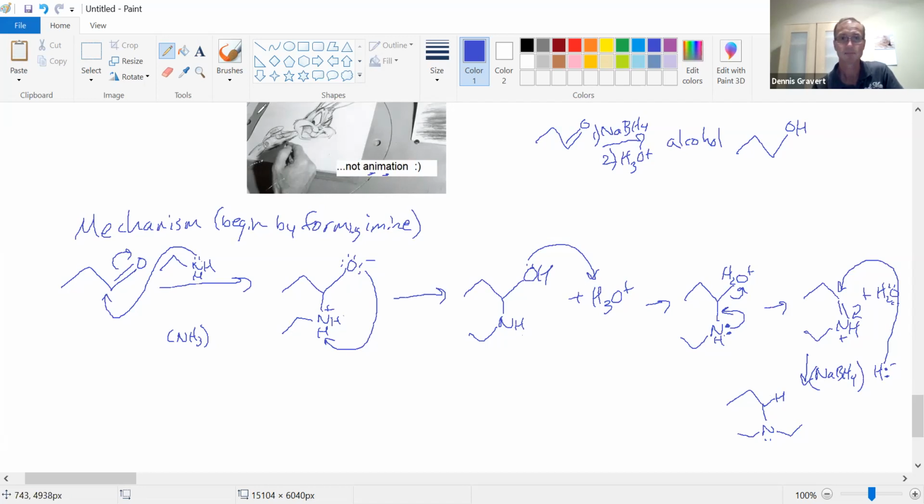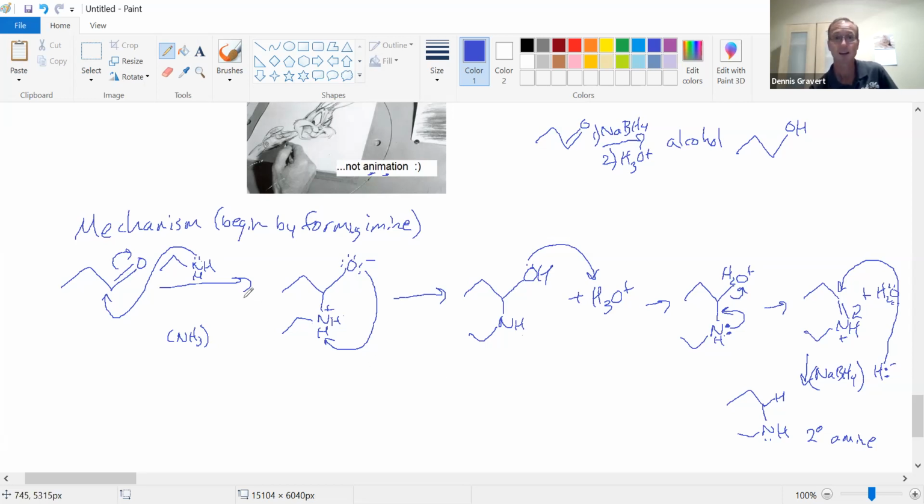Oh, you gotta erase that set of carbons, 2. Cool, so now on the screen, here's the secondary amine. Exact same mechanism, right? Just deleting one of those carbons.